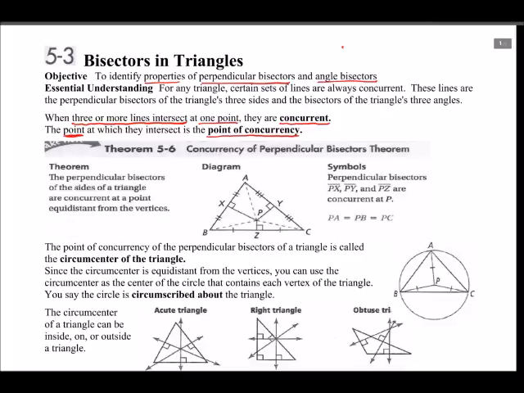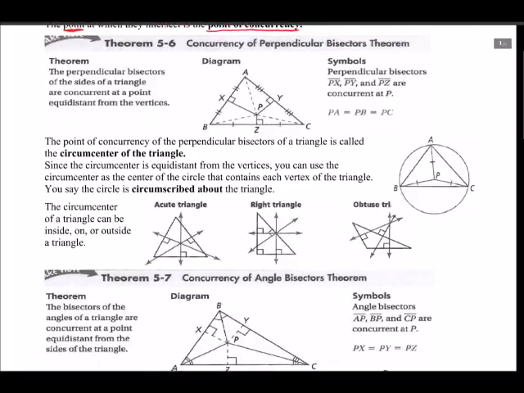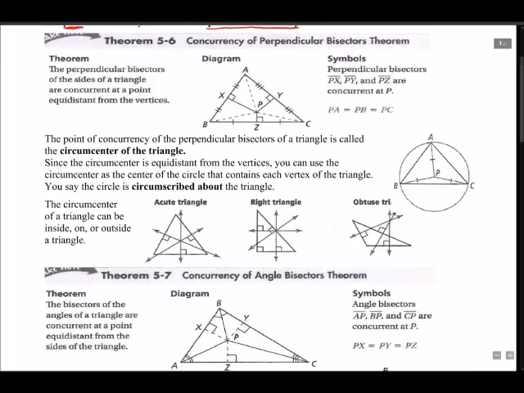Well, let's look and see what this means to us. Our first theorem is appropriately called the concurrency, so that means the point where things come together, of the perpendicular bisectors theorem. So this theorem is talking about the point where the perpendicular bisectors intersect.